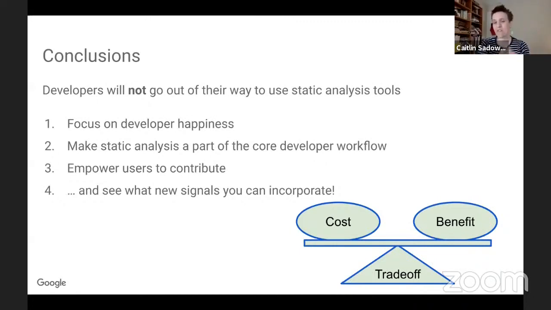I mentioned protocol buffers. There's a giant protocol buffer that includes all the metadata you might want about a change, so you can read things directly out of the change. And Google developers are often used to writing server code, so writing an analyzer is like writing a server. So that's easy for people.